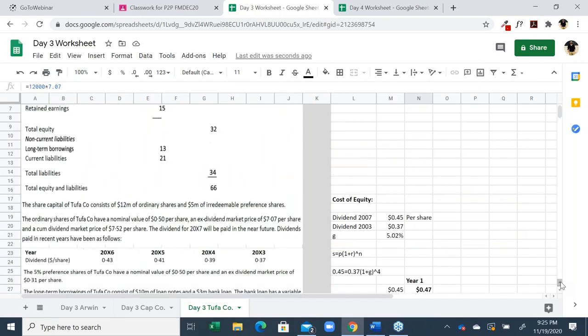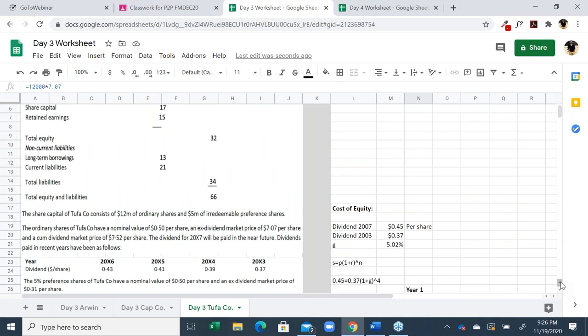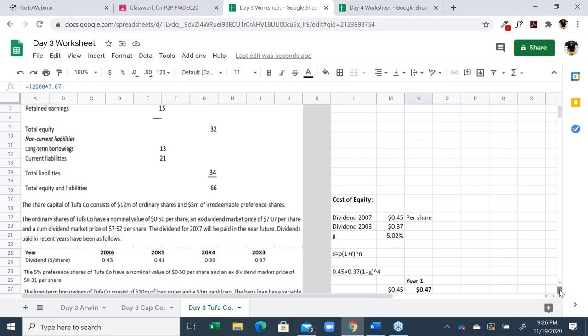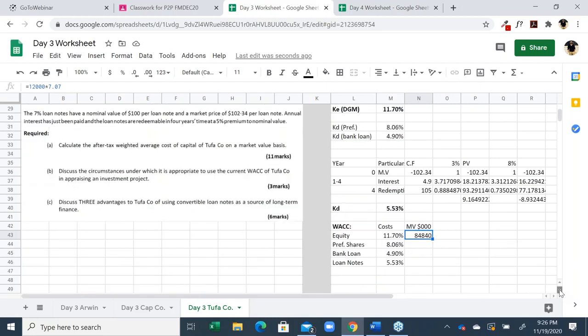Then we should pick up the preference shares. How many preference shares do we have? It has a nominal value of 0.5. Okay, sorry, I thought that's the total number of shares. My mistake. We have to convert it into number of shares first.